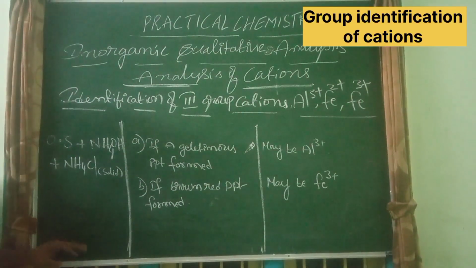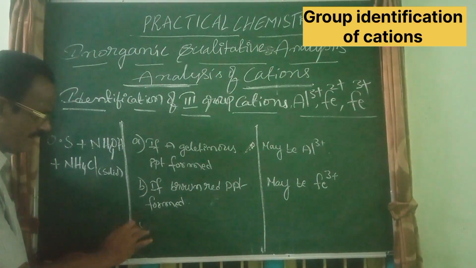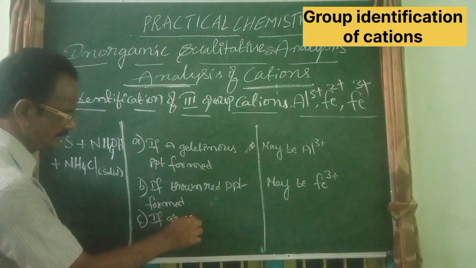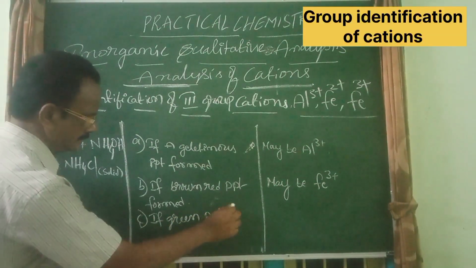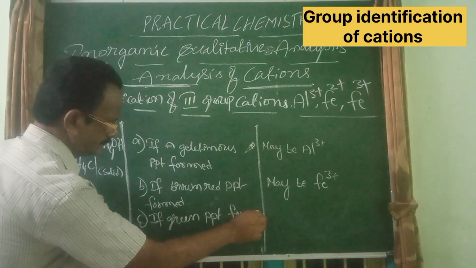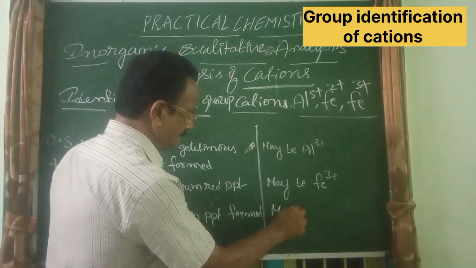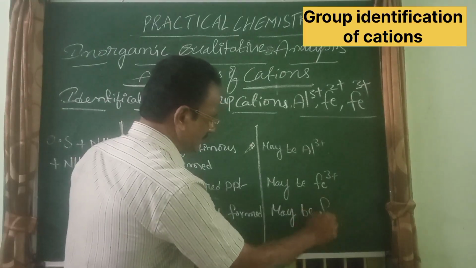Okay, if green precipitate is formed, maybe Fe2+.